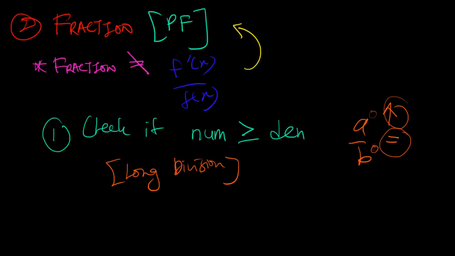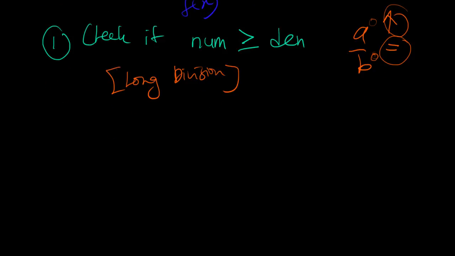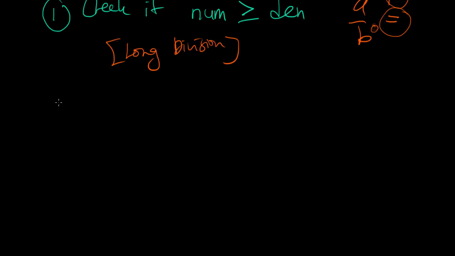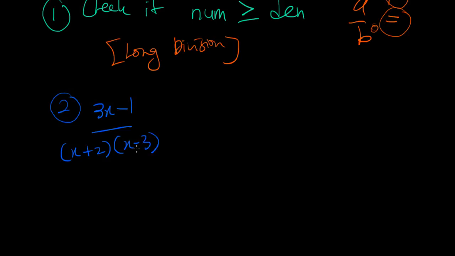And then the second step is to break that fraction into a few fractions. For example, let me write these examples and you'll understand it better. For example, (3x minus 1) over (x plus 2)(x minus 3).